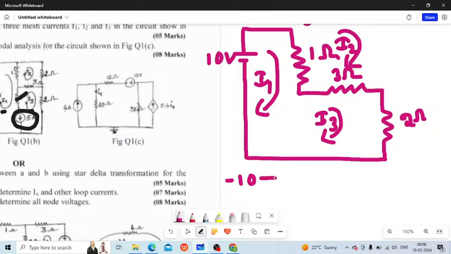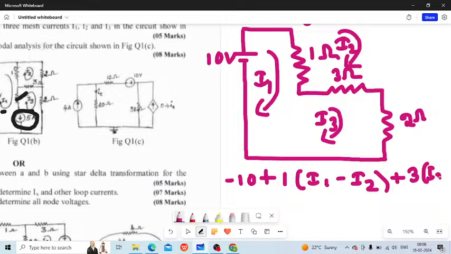And plus 1 into I1 minus I2, plus 3 into I3 minus I2, and plus 2 into I3, which is equal to 0, right?